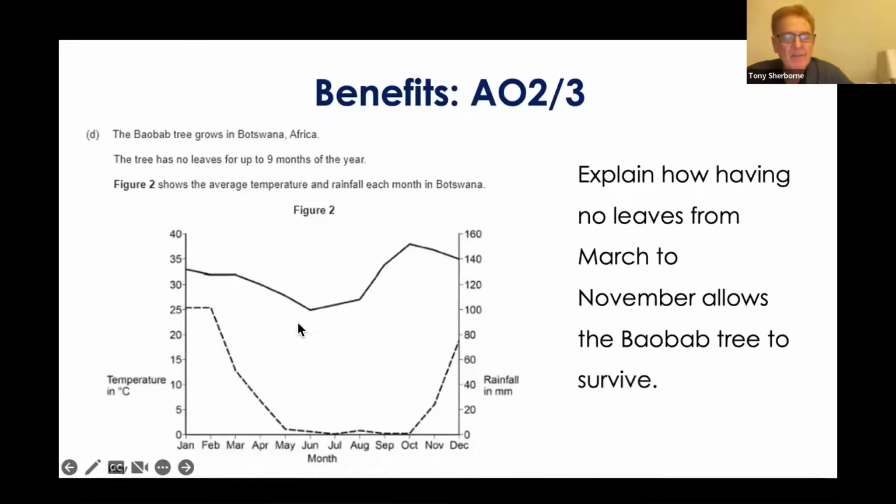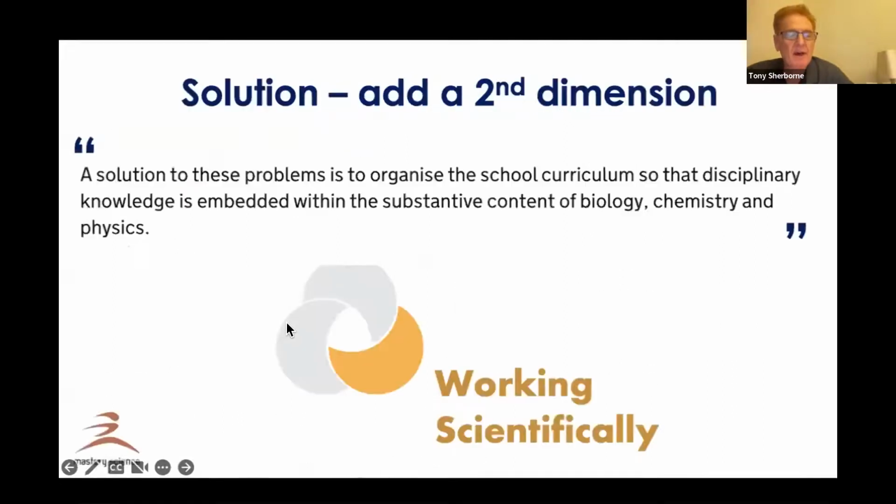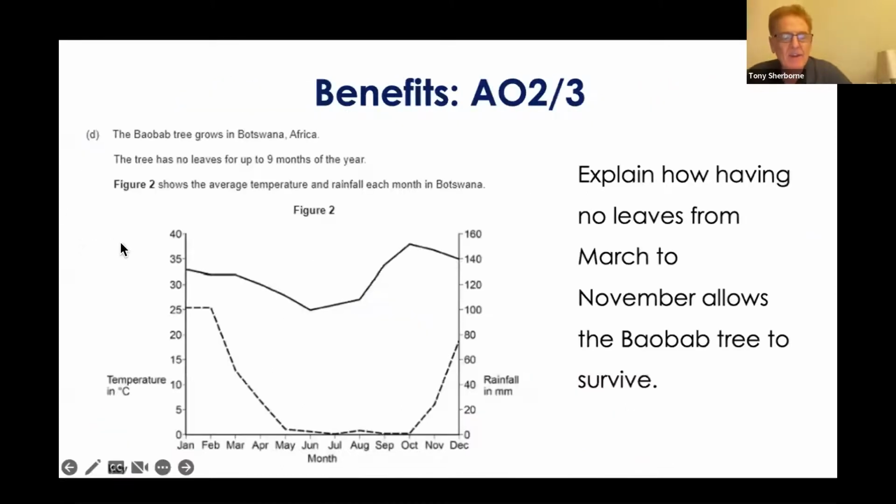But, at the same time as that, the rainfall is low. So there's a connection between the two. Now, this is where I have to come up with a hypothesis.